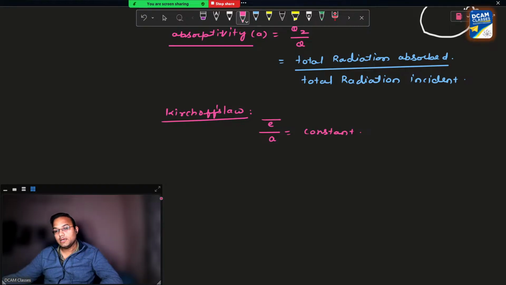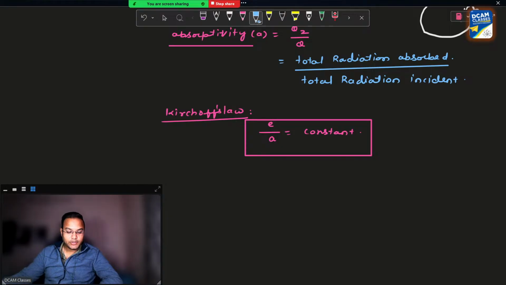Okay, this is Kirchhoff's law. Actually, it's not used much, but sometimes whenever they ask questions, they give you questions in such a way.